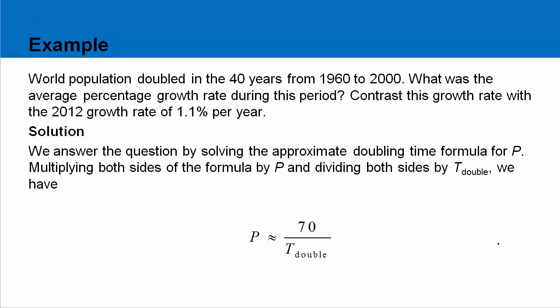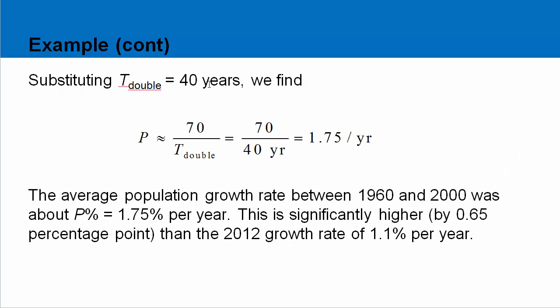Here's an example. If our world population doubled in the 40 years from 1960 to 2000, we could actually figure out the approximate average percent growth rate during that period. And then we could compare that with the 2012 growth rate of 1.1% per year. Now, if we use the approximate 70 over doubling time and plug in what we know, that it took 40 years to double, so that goes into the bottom, 70 over 40 becomes 1.75 per year.